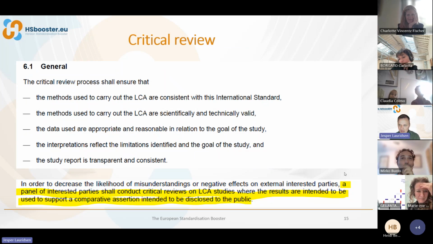So you can read the yellow line. It has this thing on a critical review, and it describes that there needs to be a panel of interested parties.